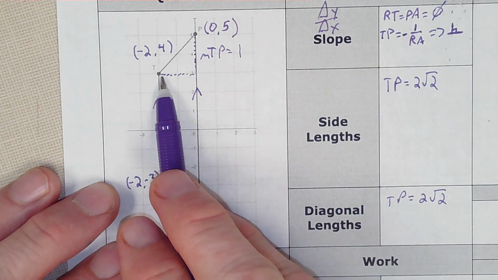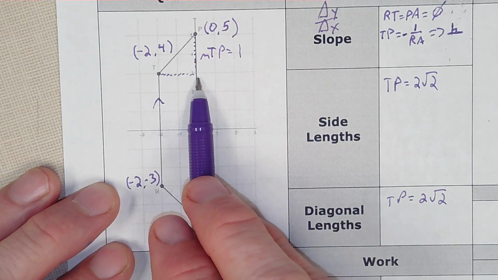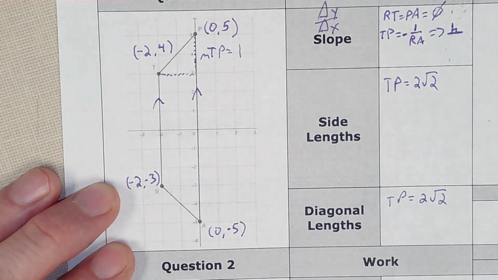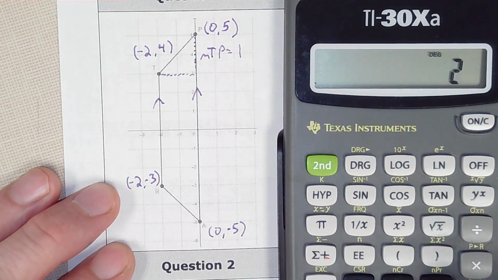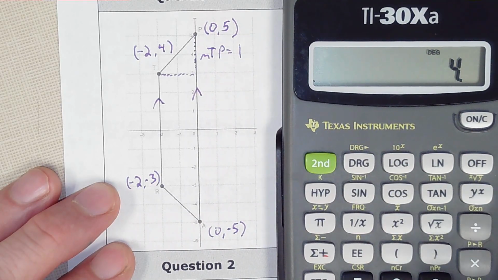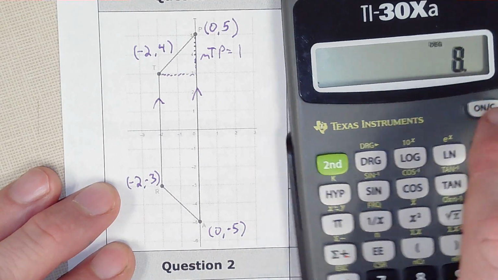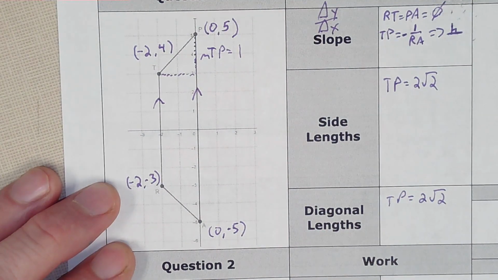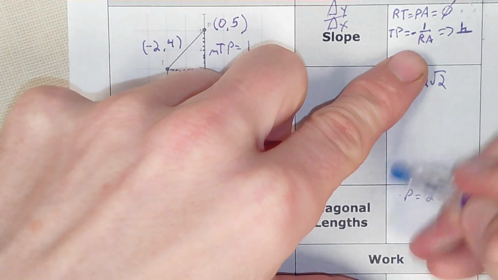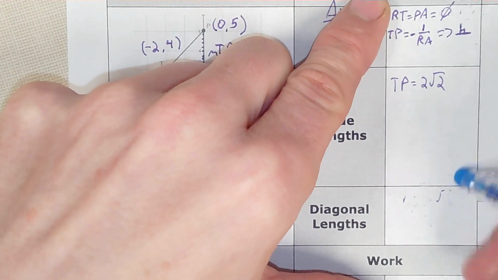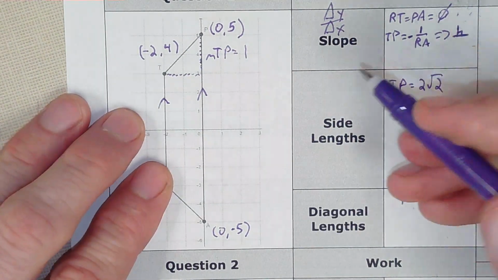Is it? Let's see. So that's 2. That's 2. 2 squared plus 2 squared equals, yeah, that's going to be 2 square root of 2. Okay, that's not the diagonal. The diagonals do this. What am I thinking? So these side lengths are 2 square root of 2.